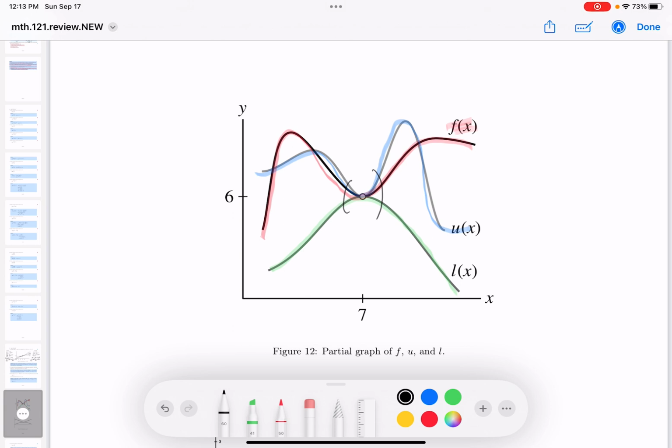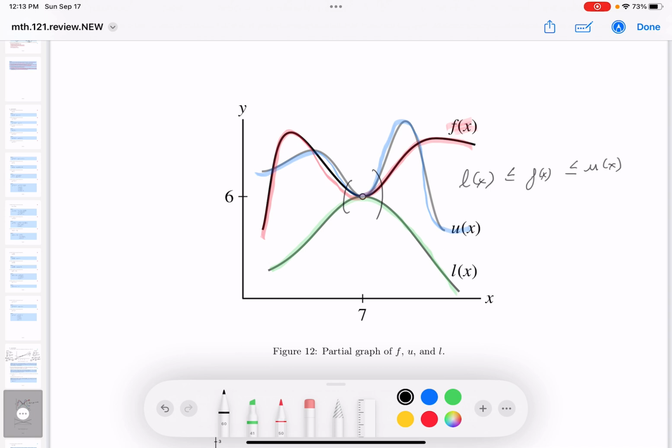I know that u of x is greater than or equal to f of x, and again, looking at the picture, this is greater than or equal to L of x. Now, was it true everywhere? No. But on some open interval, I found one right here where that's certainly true. But if you went elsewhere, that's not true. For example, u of x is below f of x on a different interval. All right? But I want the interval to contain the number 7.